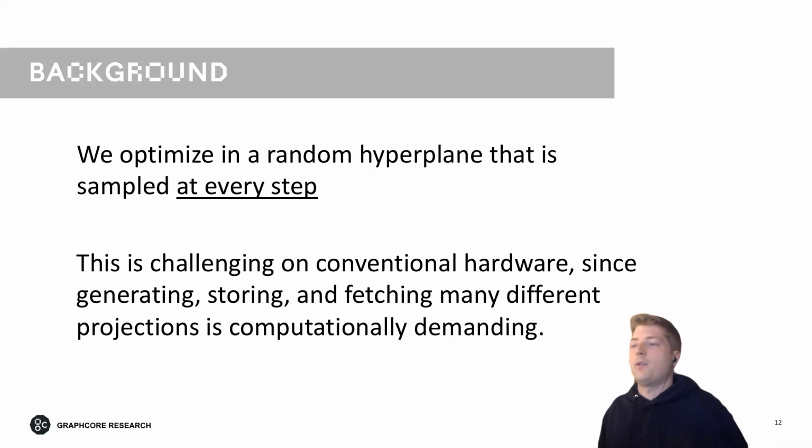If you start changing this fixed random projection, it becomes quite challenging on conventional hardware to properly accelerate training, because the generated projections now need to be fetched from memory and brought to where the compute and the matmuls happen to evaluate the network, which is computationally demanding. That might be one of the reasons why in prior work this fairly simple change wasn't considered, because in practice it turns out to be difficult.